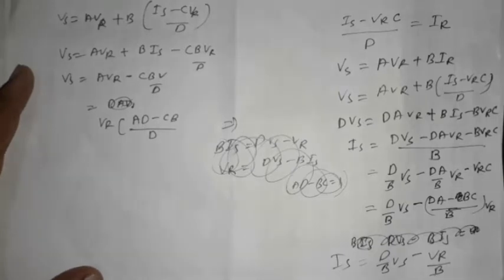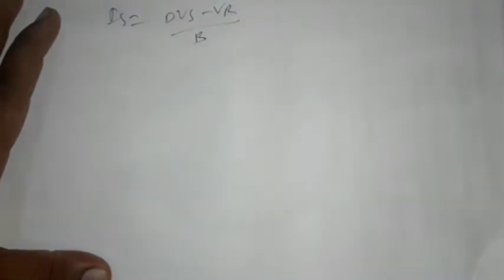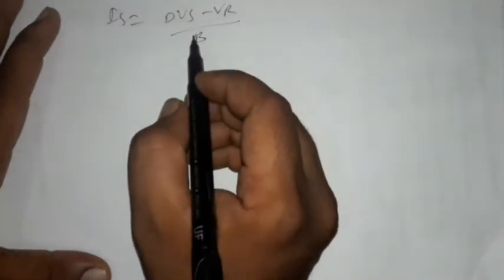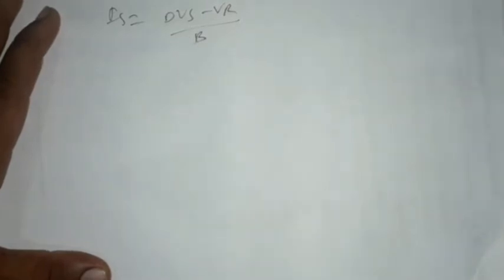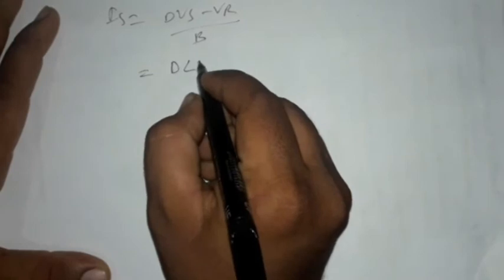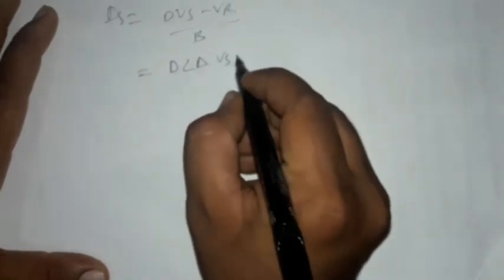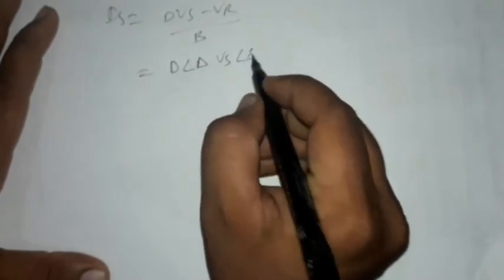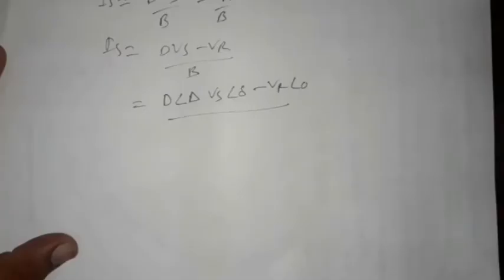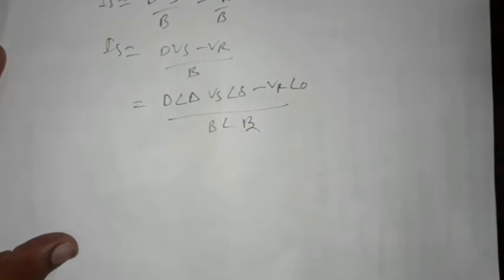So we write this equation: Is is equal to (D·Vs minus VR)/B. Now we put the value of angle and magnitude in this equation. So we get D magnitude with angle delta, Vs with angle small delta, minus VR with angle 0, divided by B with angle beta.